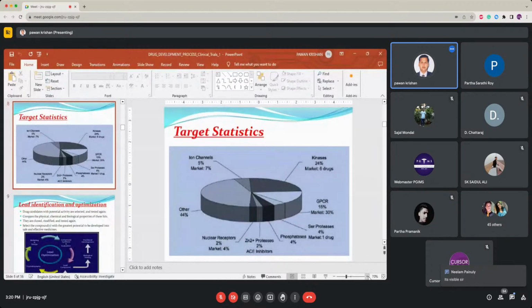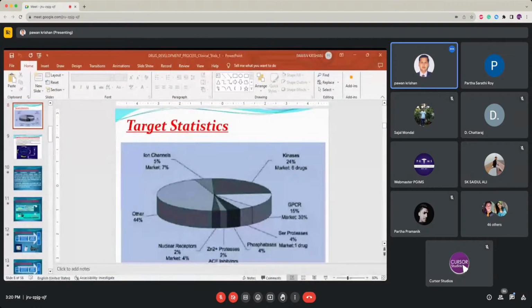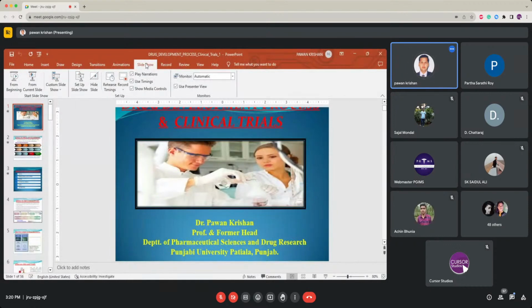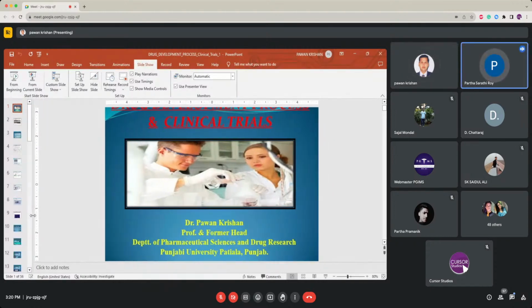Sir, you can go to full screen, press F5. Full screen means slideshow, no? Yes, sir, you have to press F5. I'm doing F5, but when I'm moving the slides, the next slide is not moving in that mode.